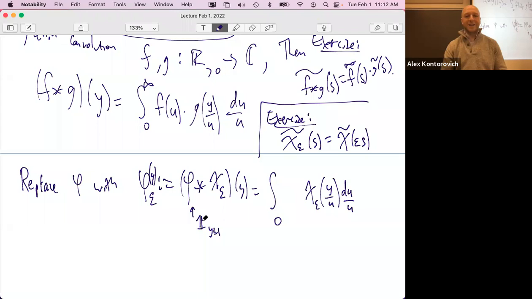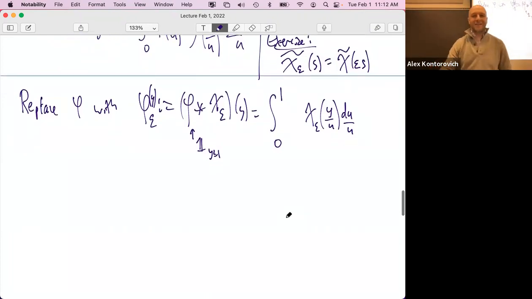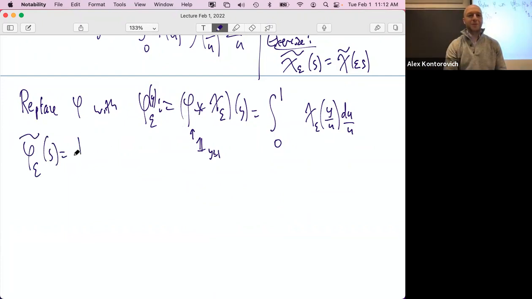But all that psi does is cut off at 1. The phi function right now has no restrictions. Well, you're putting what you want in there. Exactly, the phi function is exactly the one that I want. The Mellin transform of this phi epsilon function is going to be 1 over s times the Mellin transform of chi epsilon, which is chi tilde of epsilon s.